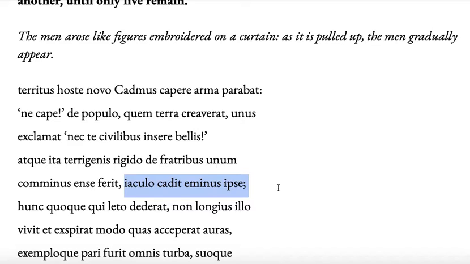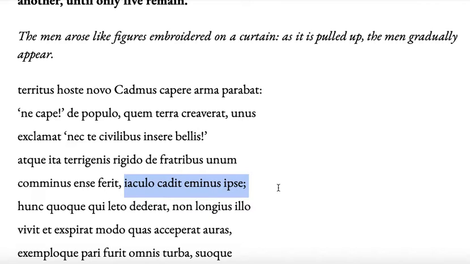In other words, he falls when he is hit by a spear from a distance. That's eminus. So that's an adverb meaning from a distance. The idea is a spear thrown from a distance. So I suppose it should be iaculo, iacto, eminus. But again, that word thrown is missed out. So literally the Latin just says a spear from a distance.